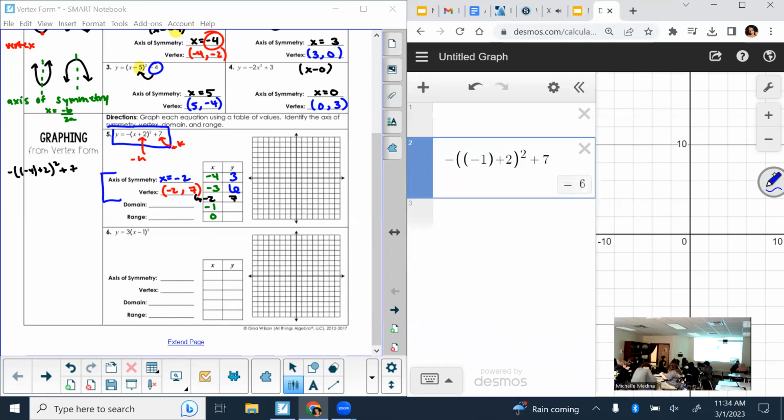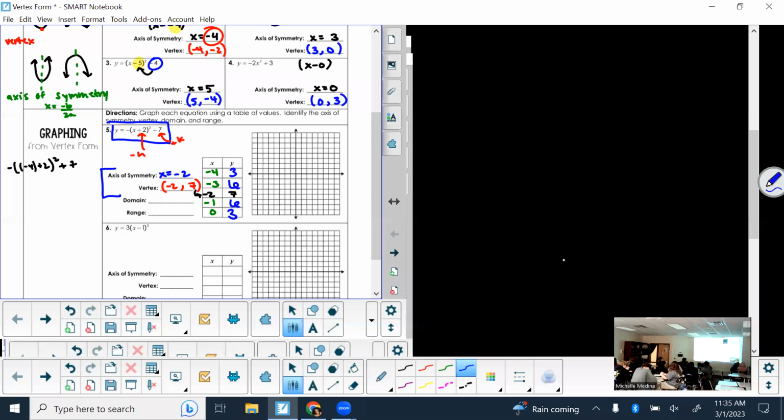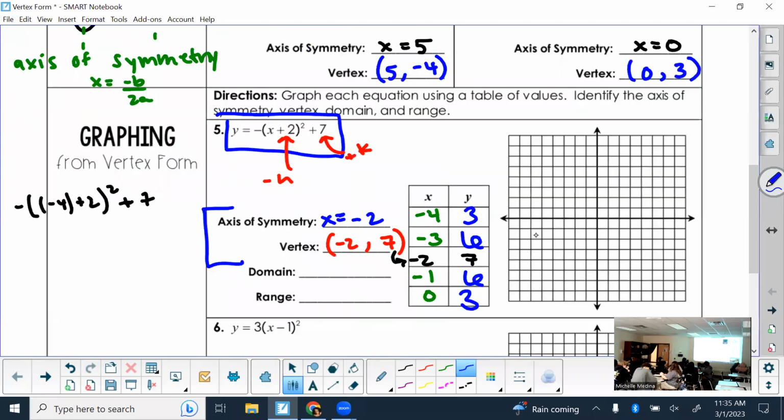We get a +6. And then my other x is 0. And I get a +3. And if you notice, they start to reflect each other. That's a good sign. That means it's going to make a U shape. So that's what I'm going to graph next.